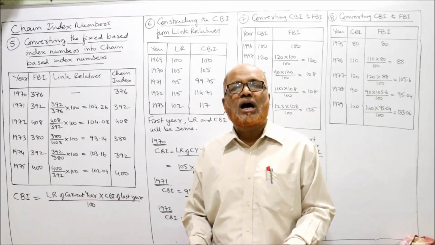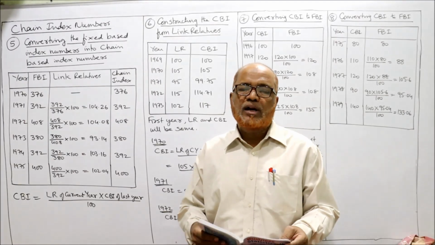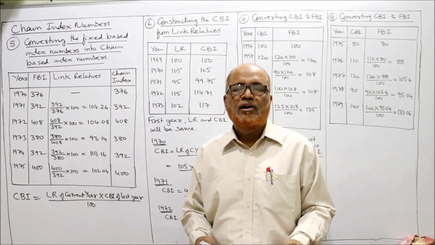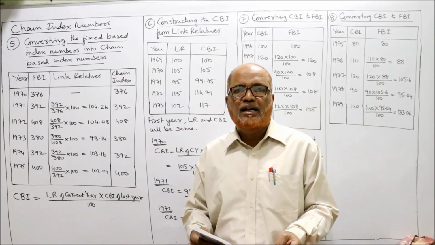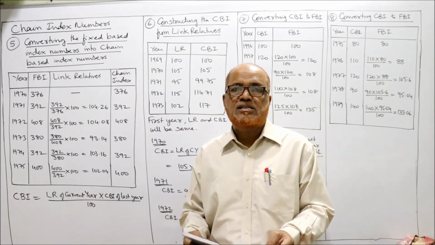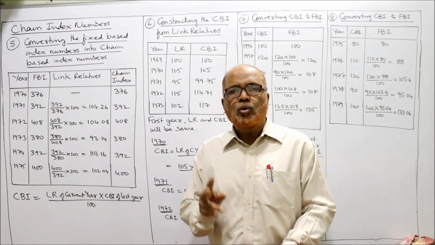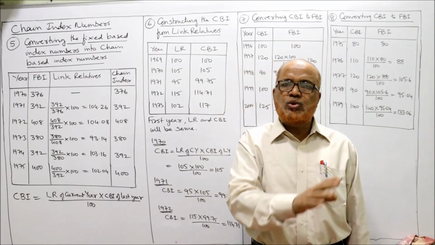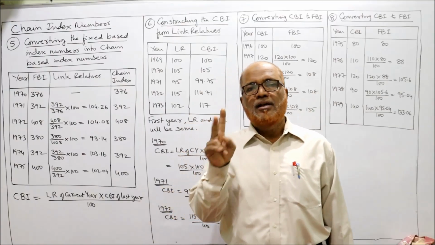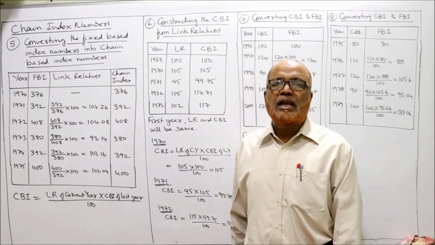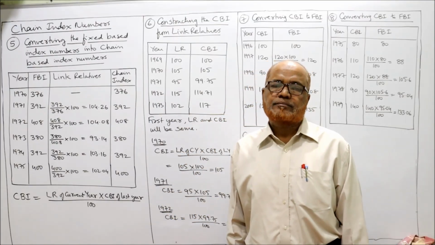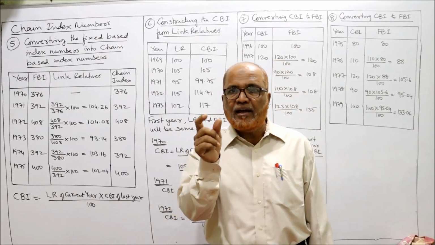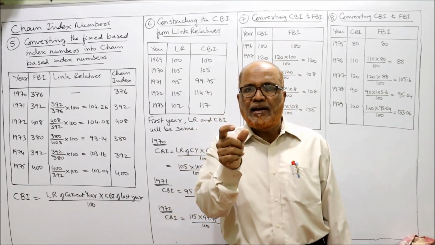We are required to convert the FBI, already given, into chain based index. For converting FBI into CBI, two steps are there. The first step is to find out the link relative. What is link relative?